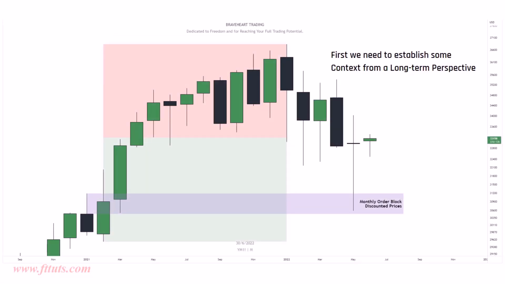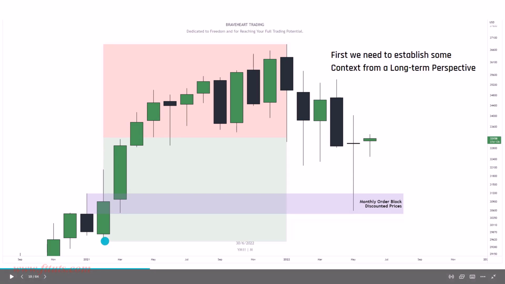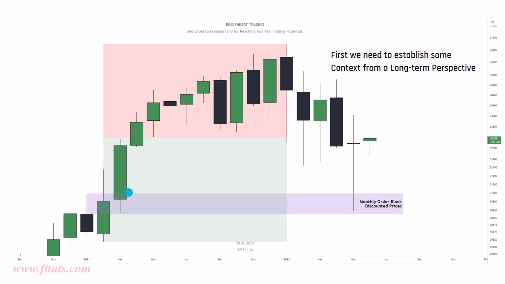So first, let's establish some context from the long-term perspective. Here we have a range, low to high, discounted prices, last down candle in this range. Okay, so that's acting as a long-term perspective level.